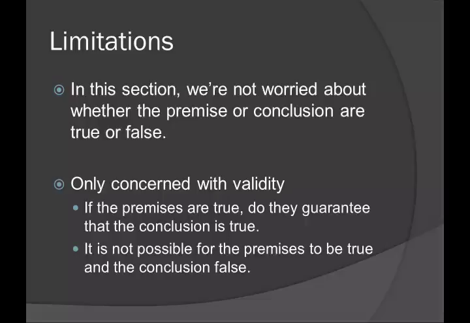If that's possible, then true premises don't guarantee a true conclusion, so the argument is invalid. But if it is not possible for the premises to be true and the conclusion to be false, that is, if true premises guarantee a true conclusion, then the argument is valid. But here again, we are only concerned with validity. We are not concerned with whether the premises are true or false. Okay?